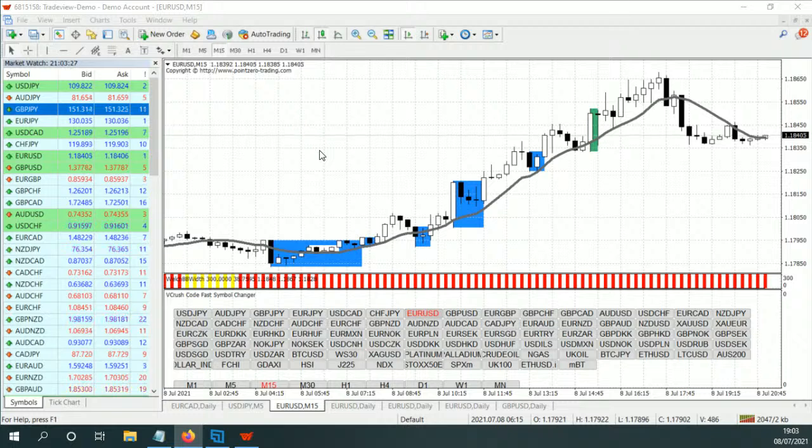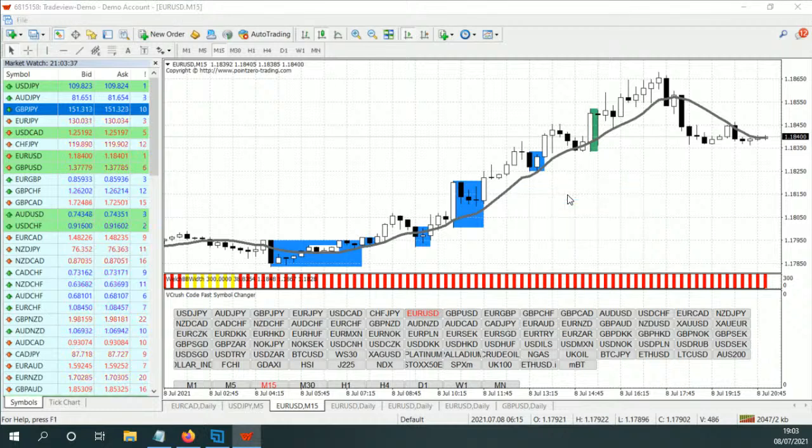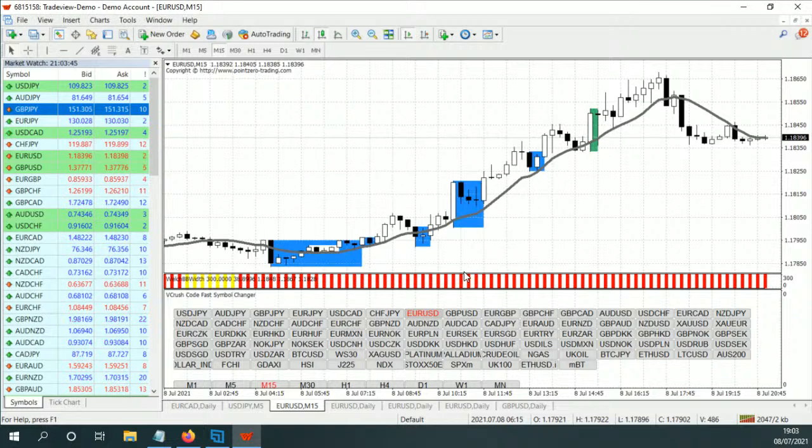The first indicator we have is the moving average. You can see there, it's a 10 period simple moving average. We all know what a simple moving average is. A moving average is just the average of the last X number of periods.